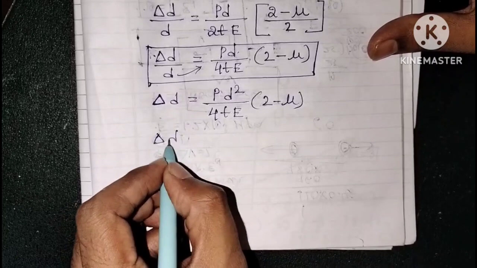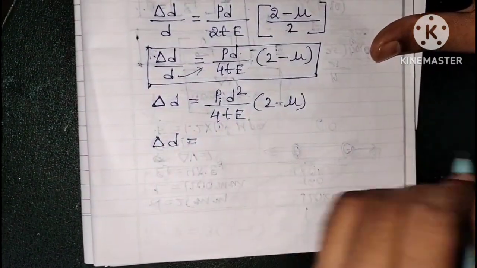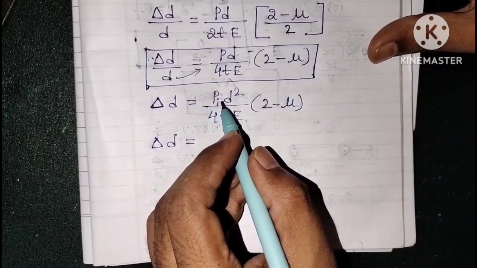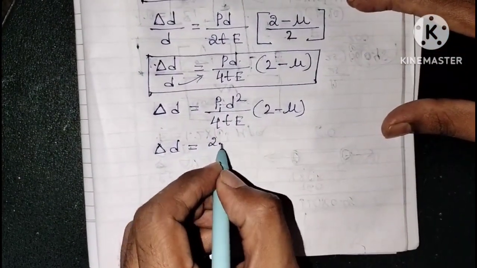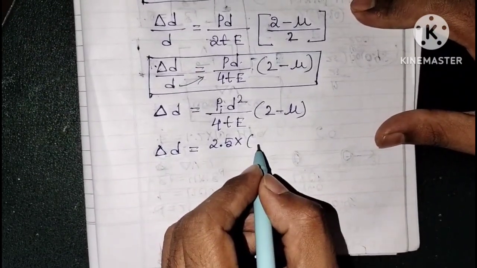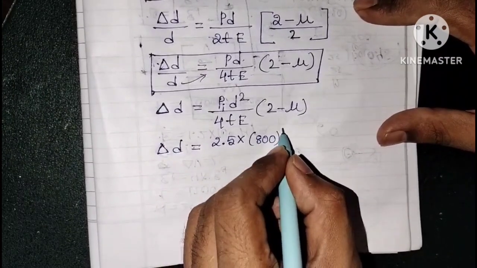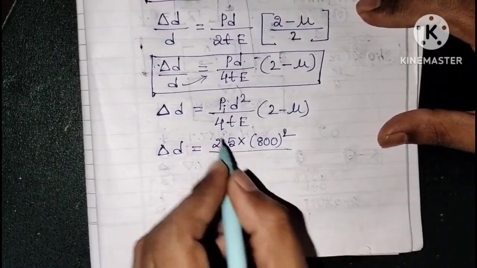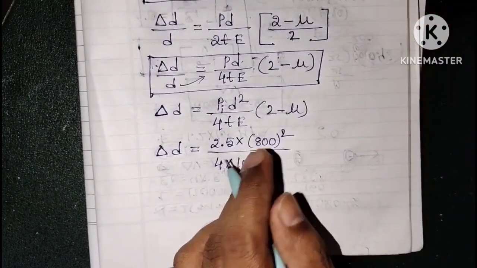Here p means internal pressure, so you can write p i. The internal pressure given is 2.5 megapascal, into d square, where the diameter is 800 mm, so 800 whole square, by 4 into thickness, which is 10, and Young's modulus.